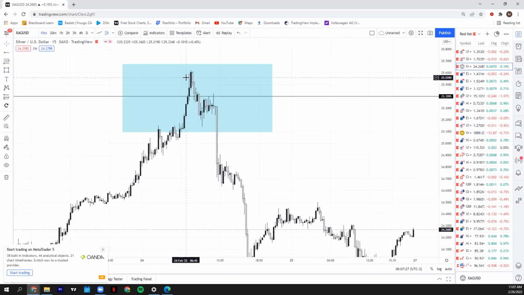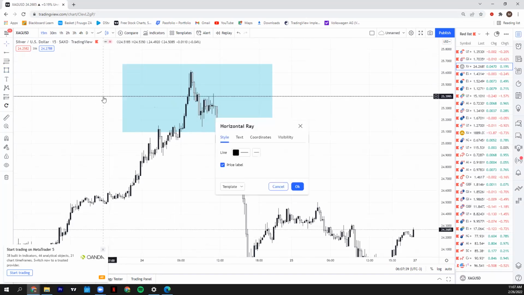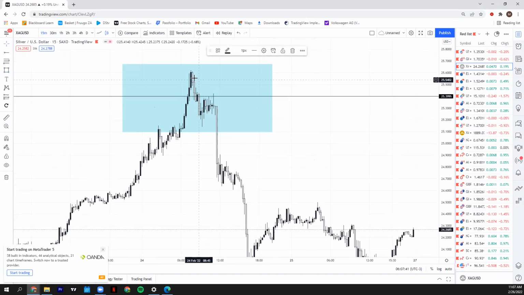As you can see, it's not that huge, but we had a significant rejection back to this resistance that it broke. So this was a false breakout.